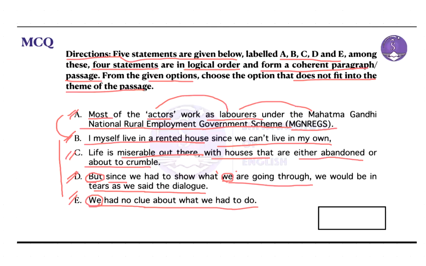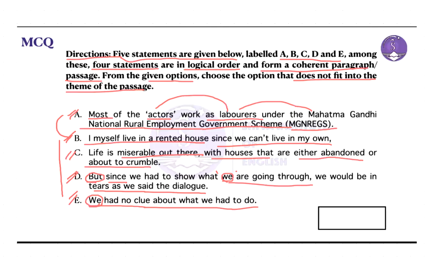But as we are dealing with the odd one out question type, we need to see that options B, C, D, E are stating about a group of people who are narrating their problems and difficulties. And out of them, one is stating about his or her conditions. And that's what is pointed out in B, C, D, E.